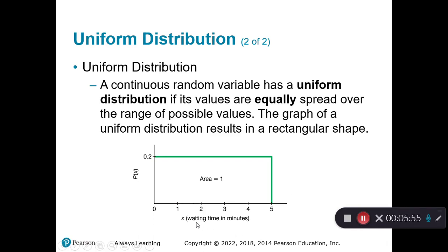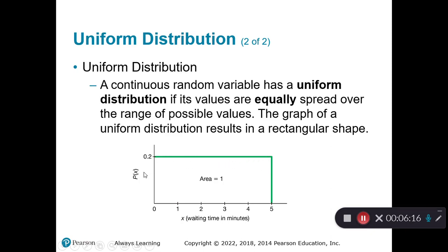Here we're looking at wait times in minutes. So that is what our random variable x stands for. The minimum wait time is 0 minutes, and it looks like all wait times between 0 minutes and 5 minutes are equally likely to occur.